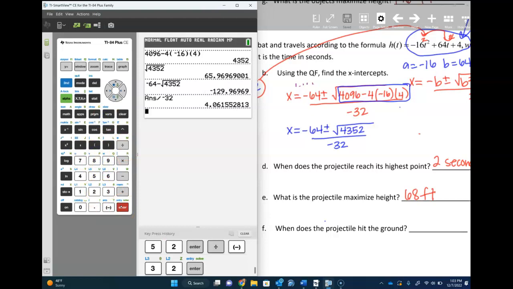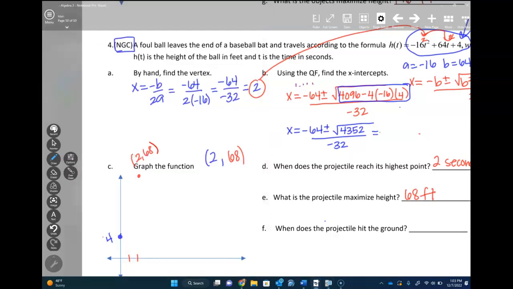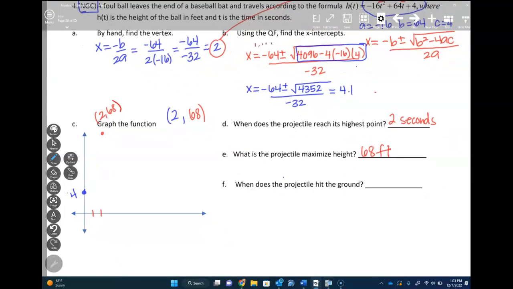And it's a positive number, so 4.1. Is it positive? Yes. So I'm done. Do I need to find the negative? No, I do not, because negative doesn't apply. So when does the projectile hit the ground? Good. So 4.1. Man, it's like a rocket.